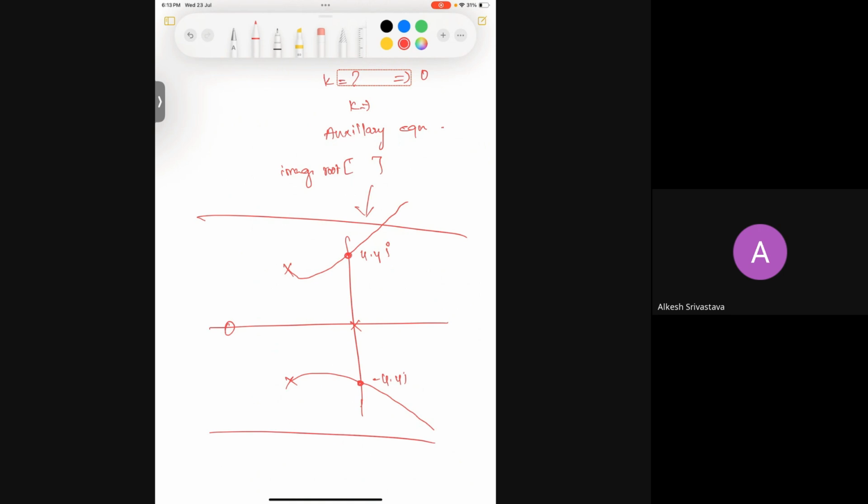Breakaway or break-in points can be asked, centroids can be asked, or sometimes we will give a point and ask you to find whether that point is in the root locus or not. So if you follow all the steps, you will be able to answer any of these questions. That's it. Just see from rule 1 to rule 7 how you have to calculate a root locus. You will be able to visualize and draw the root locus by hand by following the steps. That is the only thing you have to master yourself.